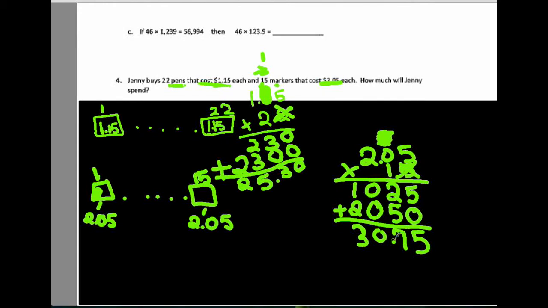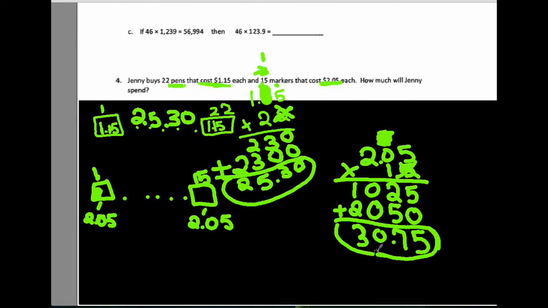Now, the pens ended up costing this much, $25.30. And the markers ended up costing $30.75. And I am going to add them up because at the end they're asking how much will he spend in all.